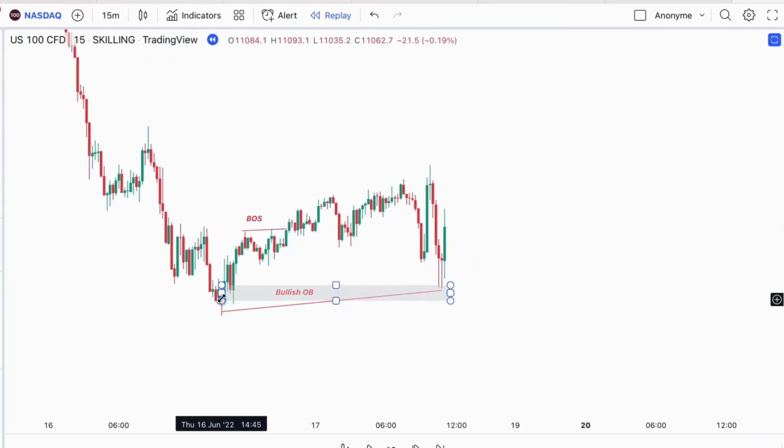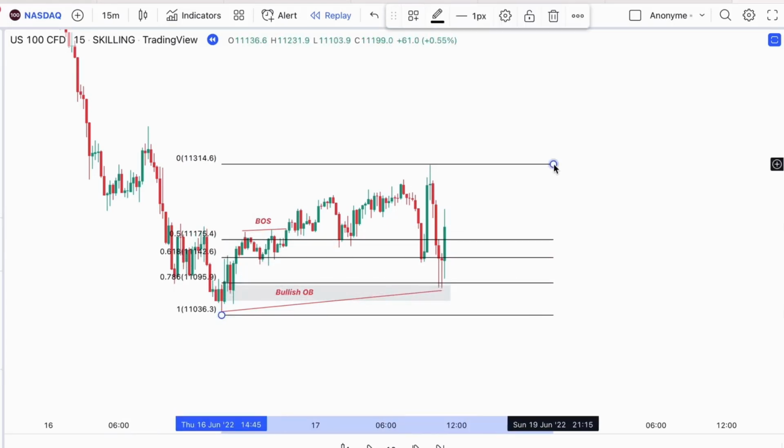First, we select this order block as our point of interest that leads to this break of structure. Price retraced back to the discount level here before continuing higher.